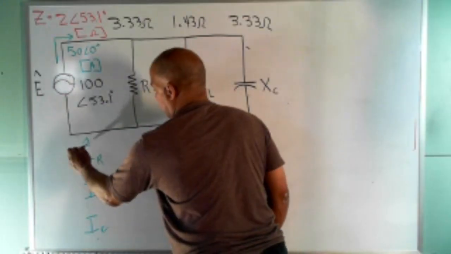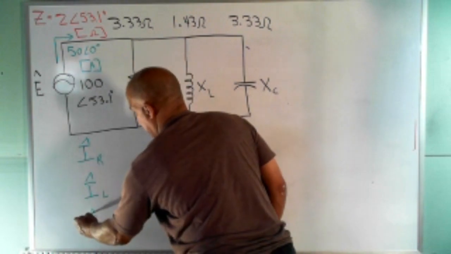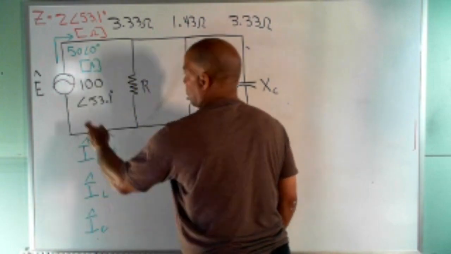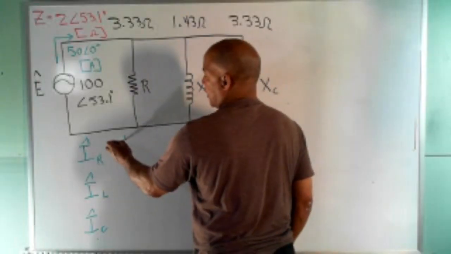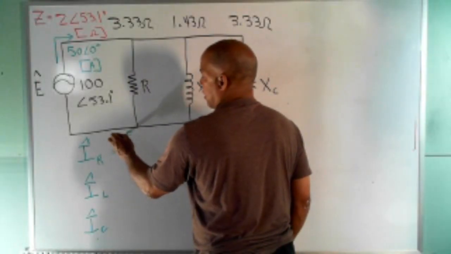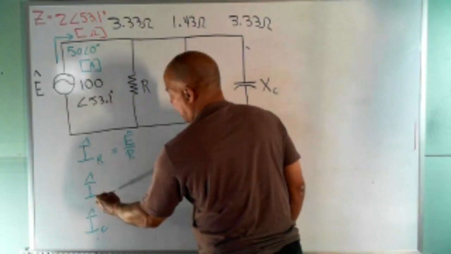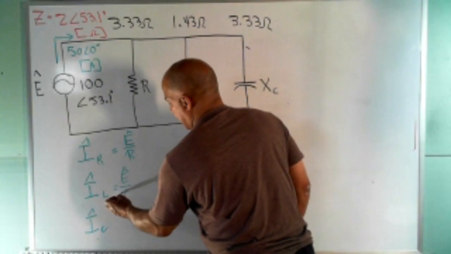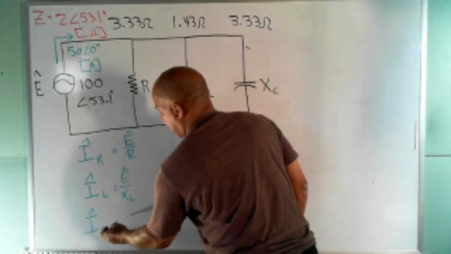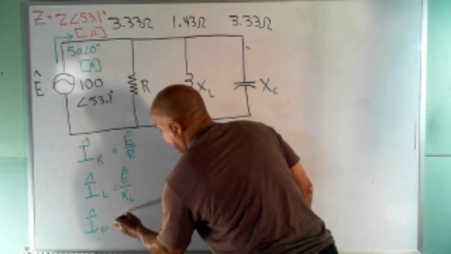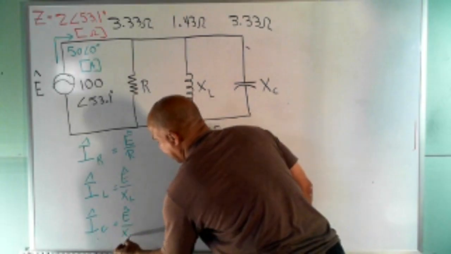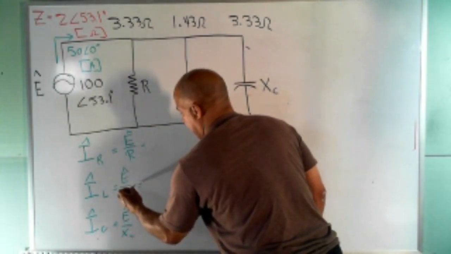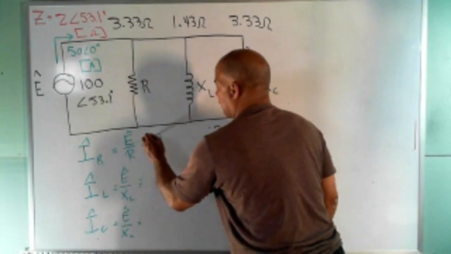And those are all phasors, so I've got to do this. The voltage is the same in the parallel circuit, so it's just E hat on R, this is E hat on XL, and this is E hat on XC. So put the numbers in there, and we'll do the calculations.